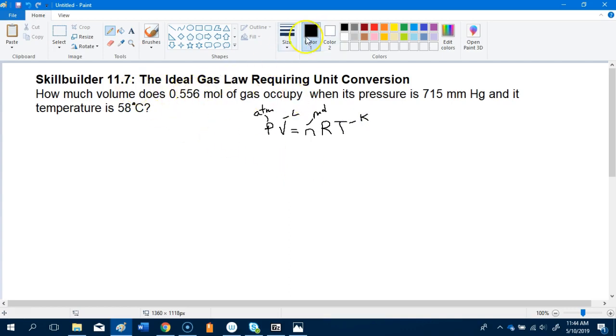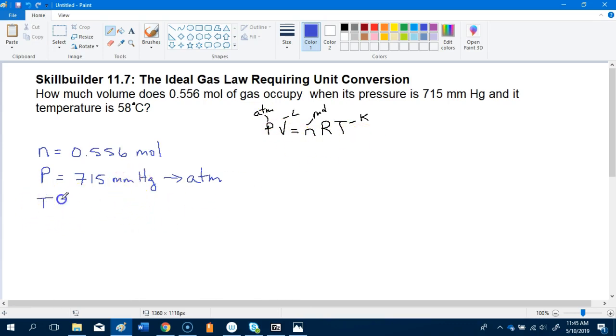So in this example you see that they ask how much volume does... We have 0.556 moles of gas, and that's in the correct units. We have pressure, 715 millimeters of mercury, and this has to be converted to atmospheres because we need to use pressure in atmospheres in the ideal gas law.